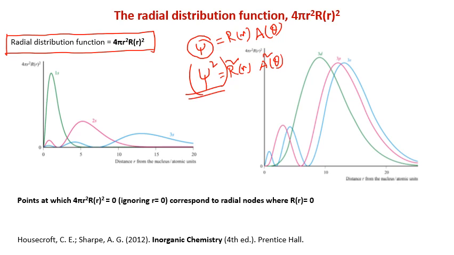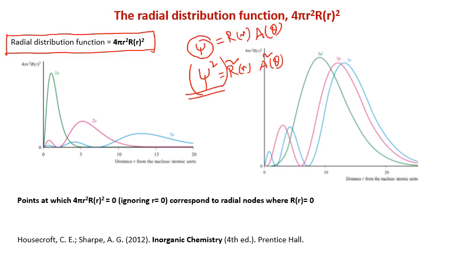In contrast to the radial wave function plot, for which you already know there is a positive quadrant and a negative quadrant, with a phase change happening in that plot, here all the plot will be in the positive part. There will be no negative value of the probability distribution function, because probability cannot have a negative value.